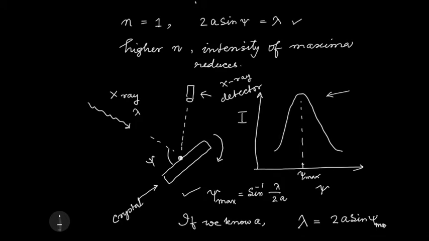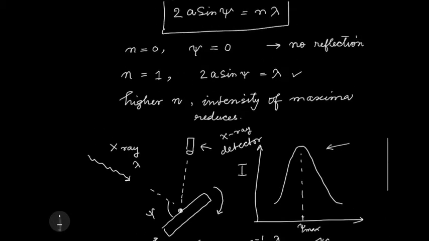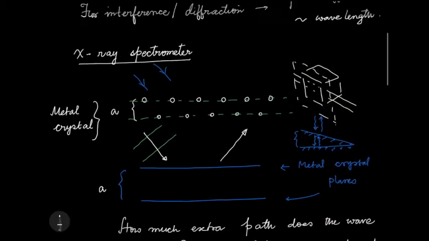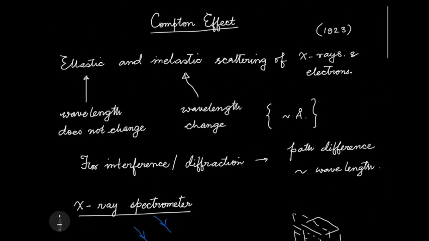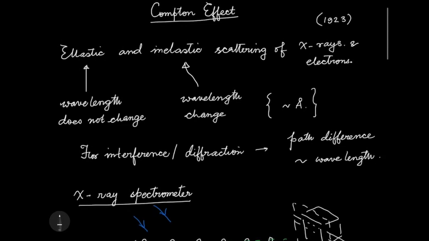maximum. Okay. So now what can I do with this spectroscope, or what did Compton do with this spectrometer? What he did is the following: he made the X-ray scatter off some target and measured its wavelength.